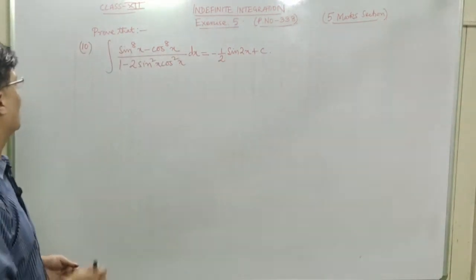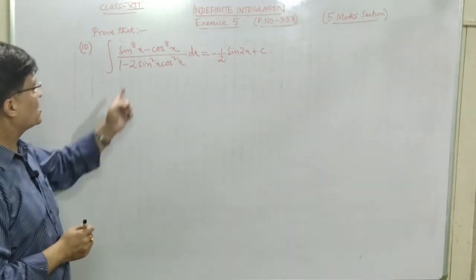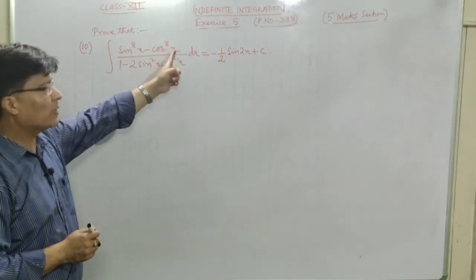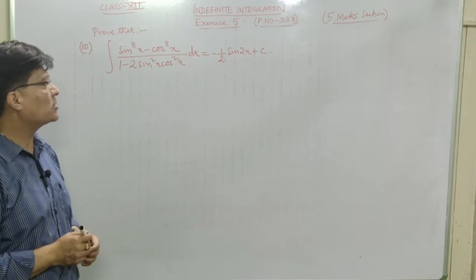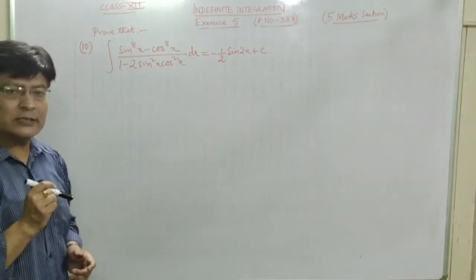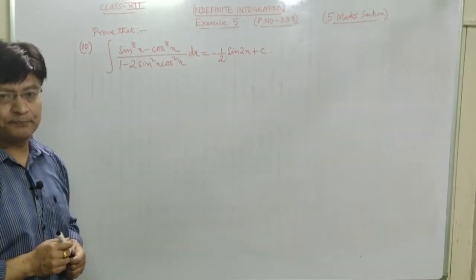So now we will prove question number 10, that is the integration of sin to the power 8x minus cos to the power 8x divided by 1 minus 2 sin square x cos square x dx is equal to minus half into sin 2x plus c.